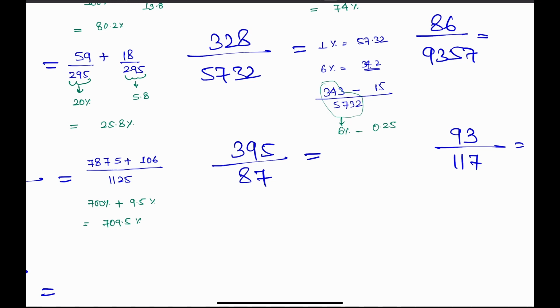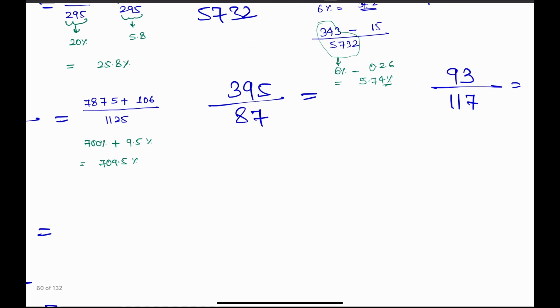But because it is not 6, it is 5.7, so I will make it 0.26. So it will be something like 5.8474%. Come to the next one.